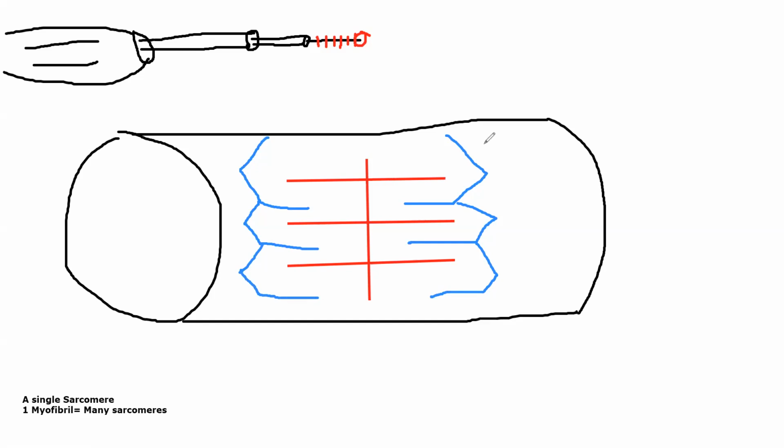Now let's draw in here the actual myosin head. So the myosin have several different heads that are sticking up from these filaments. So we're going to draw those on in the midline. So these are the myosin heads, and they are actually going to come in contact with the actin filaments.